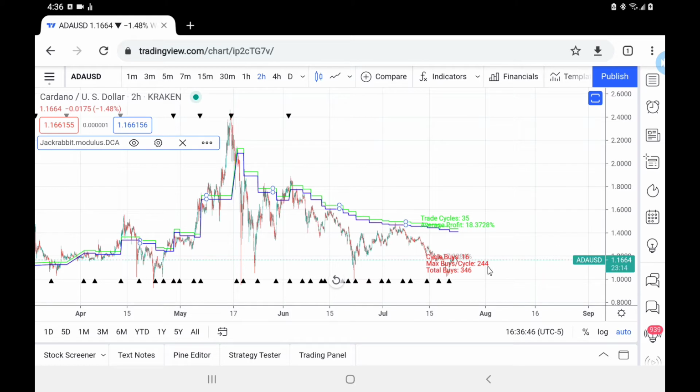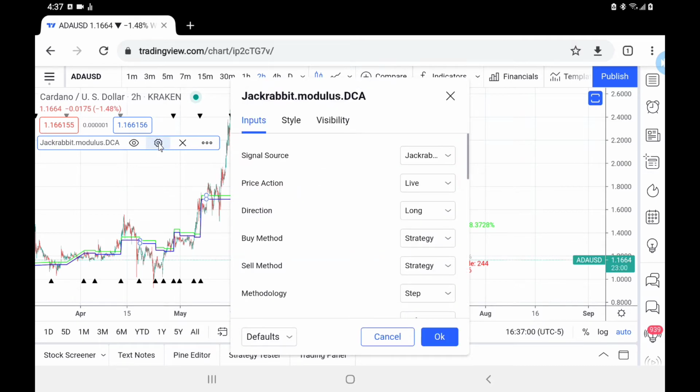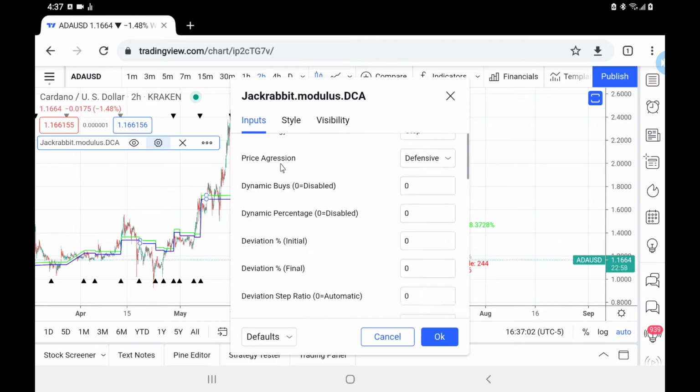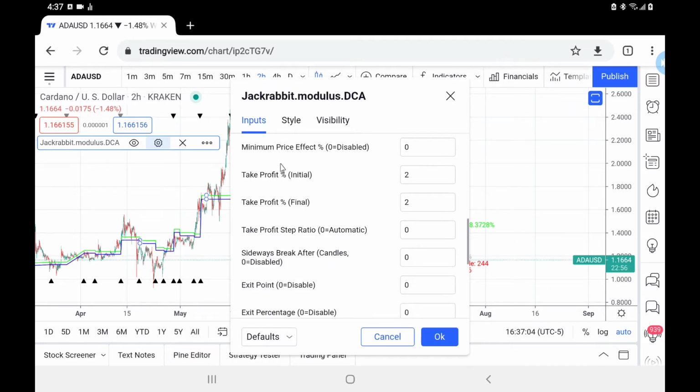And notice your maximum number of purchases per cycle skyrockets to 244. We're not done, because this same unique ability also occurs with take profit.